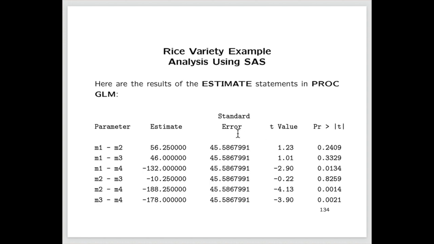Note also that the estimate statement gives us the estimated standard errors associated with each of these point estimates, and that the estimated standard error in each case is 45.5868 if we round it to 4 decimal places, which is exactly the same value that we got when we calculated it by hand. All right, and so you see the differences between what the contrast statement and the estimate statement provide, but you also see the commonalities. They both test the same hypotheses.